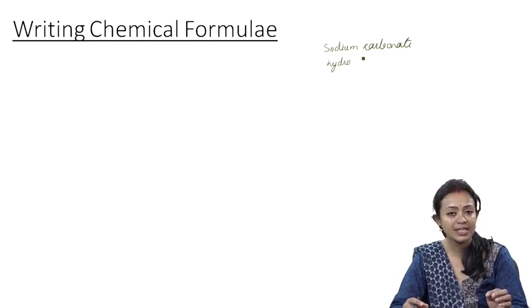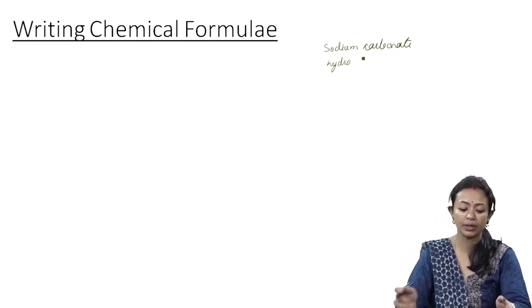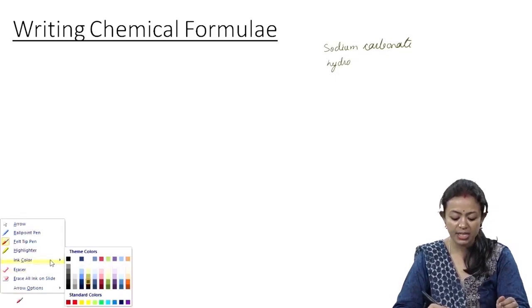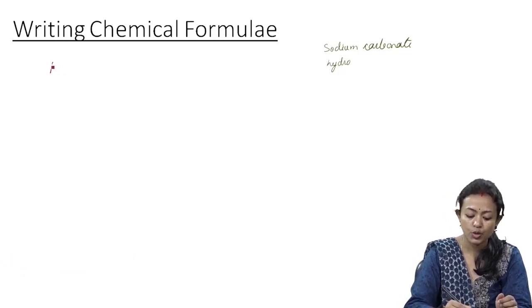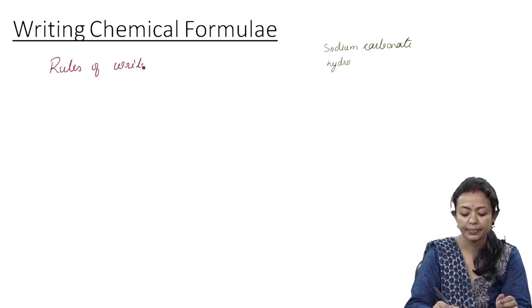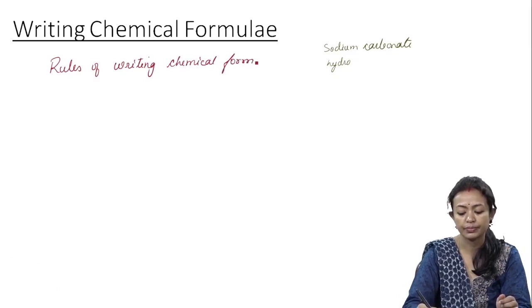Alright, now let us start with the procedure or the rules for writing a chemical formula. What are the basic rules for writing a chemical formula? So the rules of writing a chemical formula are as follows.